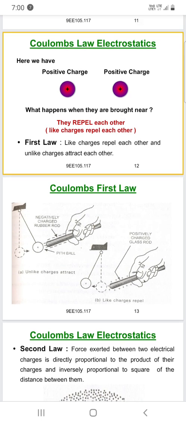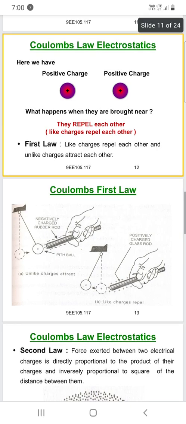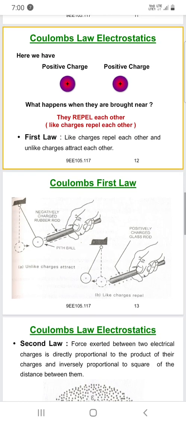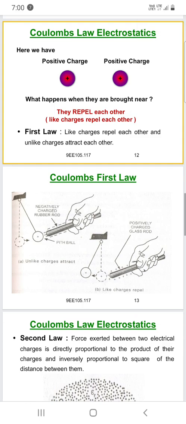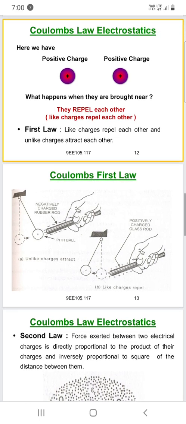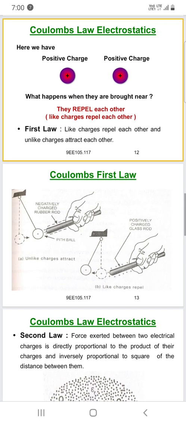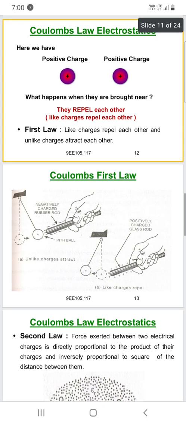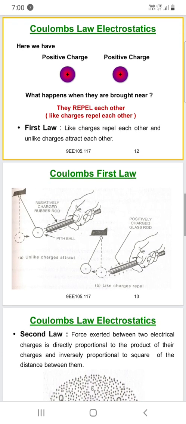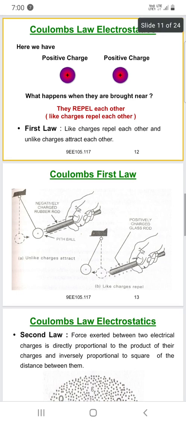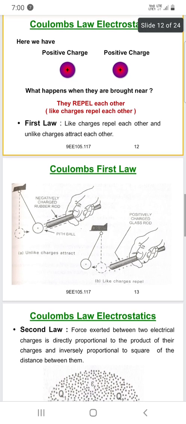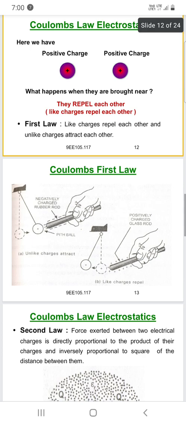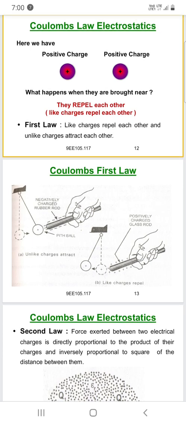So here, a force exists between two charges, either like charges or unlike charges. If two like charges are placed near to each other, they repel.